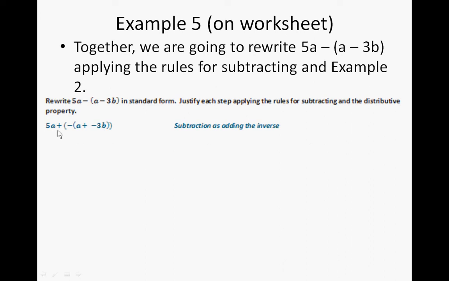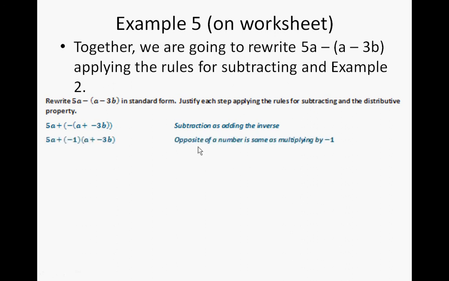So we're doing one thing at a time. Right now we're focusing on this minus 3b. So 5a plus the opposite of the quantity of a plus, and then we want to write this as negative 3b. Now, I would put the negative 3b in parentheses because we don't want two signs together.